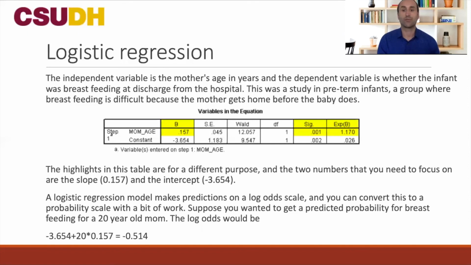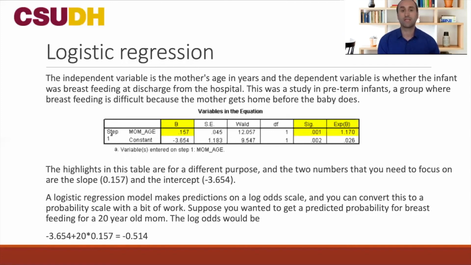Suppose you want to get a predicted probability for breastfeeding for a 20-year-old mum. The log odds would be the constant term plus 20 years old times our mum age coefficient. So here the log odds is negative 0.514.